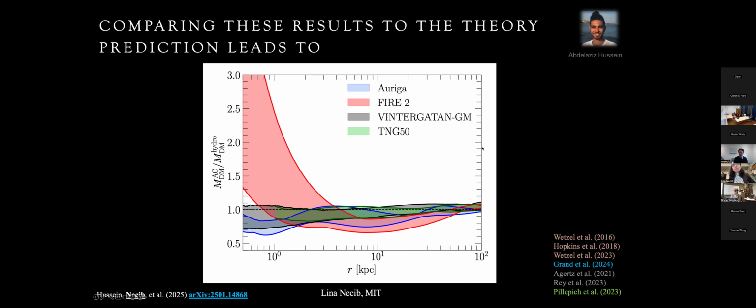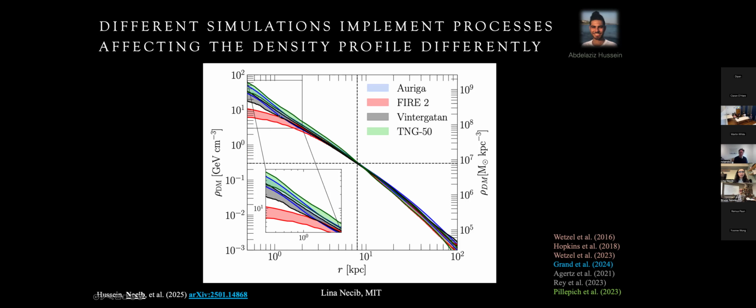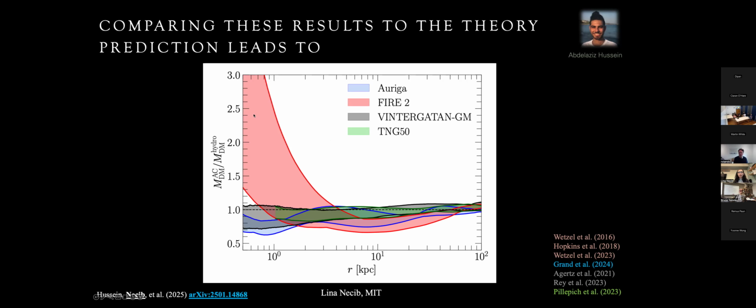You can see here that 3 of those sets of simulations, Auriga, Vintergatan-10, and TNG, are more or less consistent with 1, telling us that adiabatic contraction, of course, is not perfect, but it's very close to being an accurate description of the density profile. FIRE-2, however, shoots all the way up, which means that the density profile is much, much lower, as you can see here already, that things are getting a little bit cored.